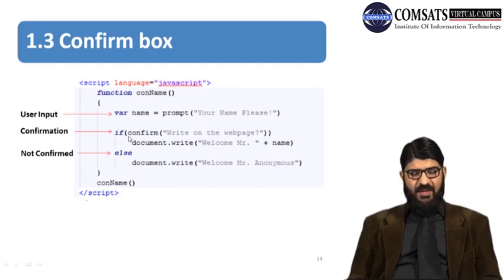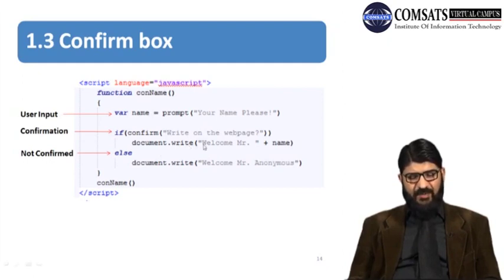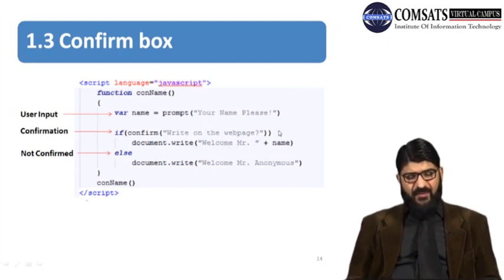If confirm, write on the web page. So this is basically the confirmation box that will appear on the user screen, and document.write, that is the output function to be displayed, will display, if the condition is true, welcome Mr. and the name will be displayed.